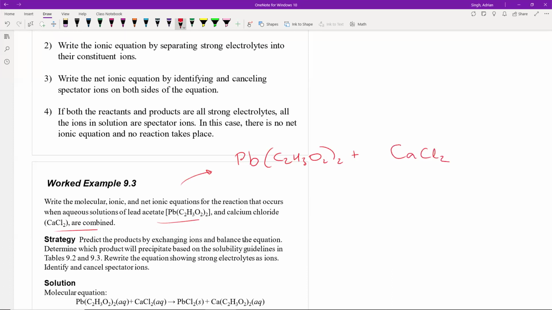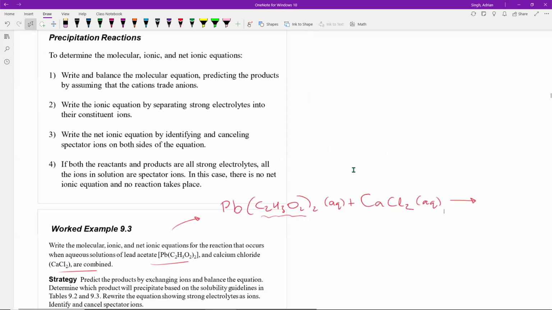Okay, and then we can confirm from our solubility table that anything with the acetate in it is going to be soluble. So this is going to be AQ. All chlorides are going to be soluble generally, and potassium is not one of the exceptions, so that's also going to be AQ.